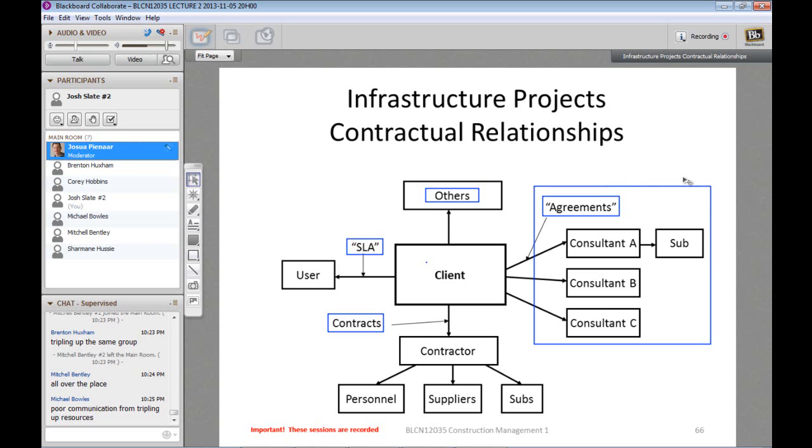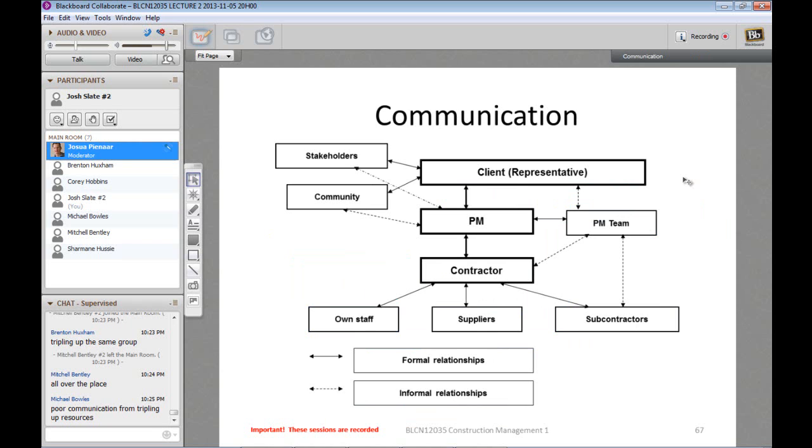When we talk about consultants, typically we're talking about professional services. When we talk about our contractor, we're typically going to start thinking about those execution type contracts. When we look at the user on this side, our service level agreement and memorandum of understanding sit on that side. More about that next week.